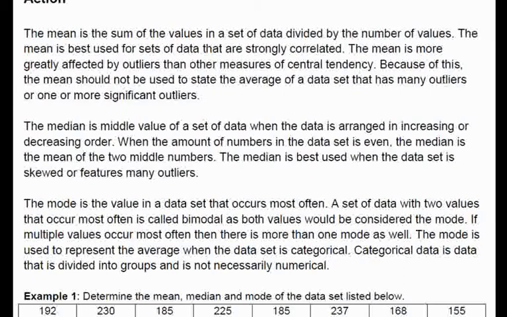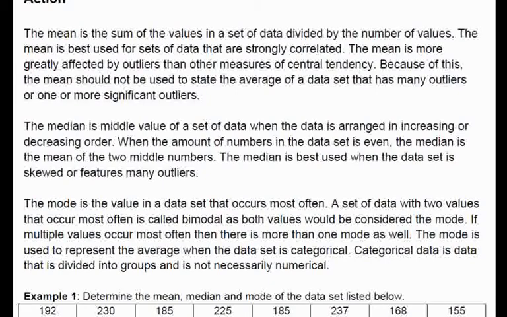So in the action section, the mean, you've probably done this already in a number of different math courses, but it's the sum of the values in a set of data divided by the number of values. Or you add up all the numbers and you divide by the number of numbers is a way that's also described. So we would use the mean as an average of a data set if the data set doesn't have a lot of outliers.